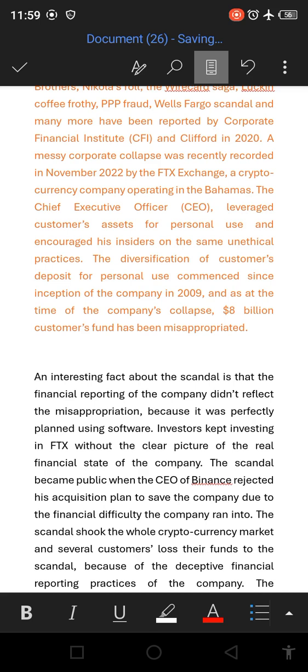Now, the diversification of customers' deposits for personal use commenced since inception of the company in 2009, and as at the time of the company's collapse, $8 billion of customer funds had been misappropriated. You see, all these things happened despite the fact that the organizations are operating with corporate governance.